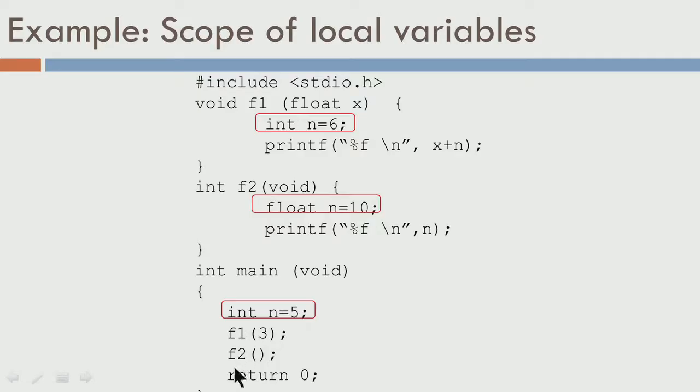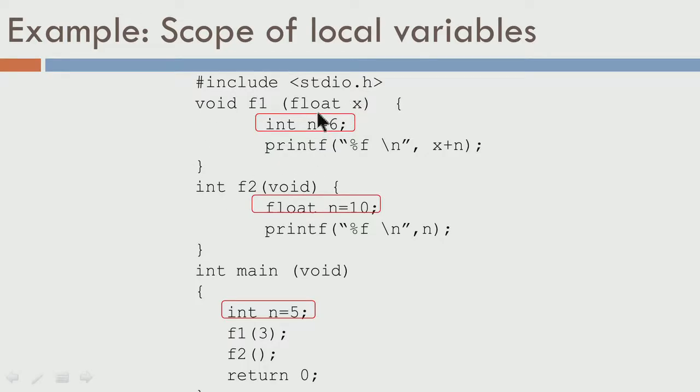At this point, let us say between f1 and f2, if you printed n, it would have been 5. After f2, if you printed n, it would have been 5 also. This n and this n are not in the same scope as this n. This n is local to this main function, this n is local to f2, and this n is local to f1.